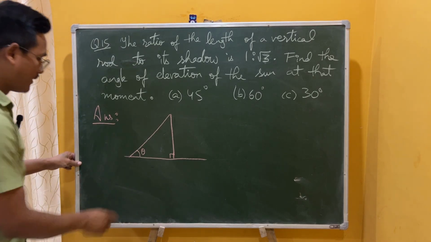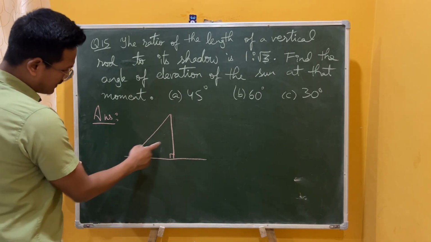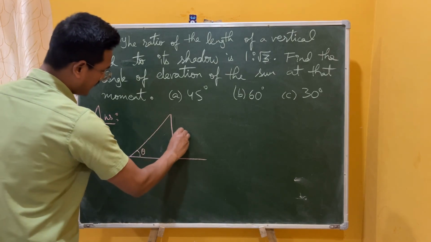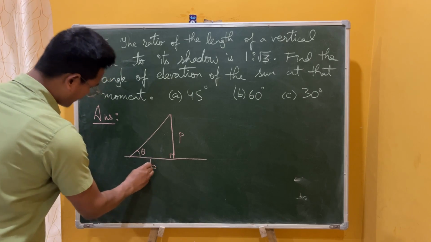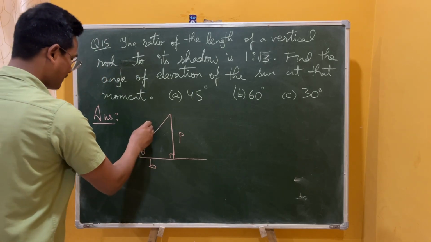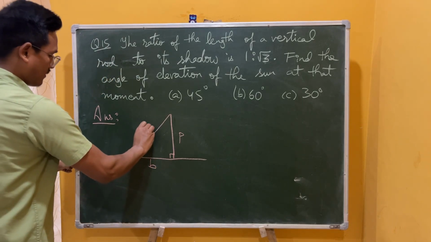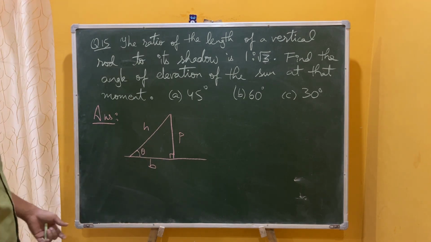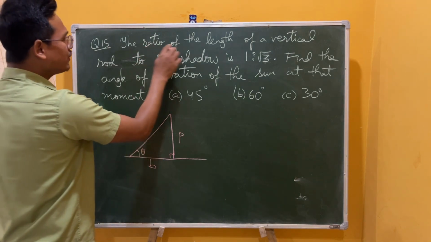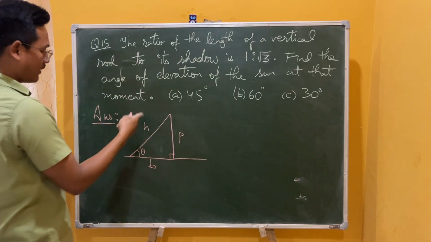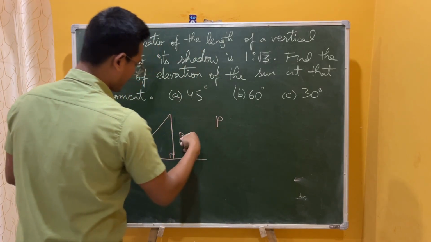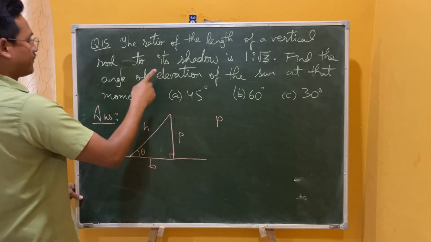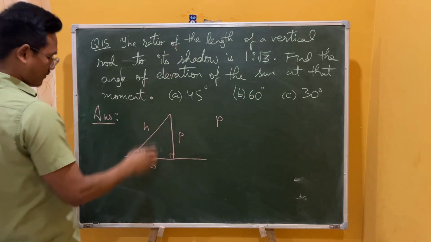So if this is theta, the side opposite to theta is perpendicular, and the side adjacent to theta is base, while this is hypotenuse. What does it say? The ratio of the length of the vertical rod, here length means perpendicular, to its shadow.